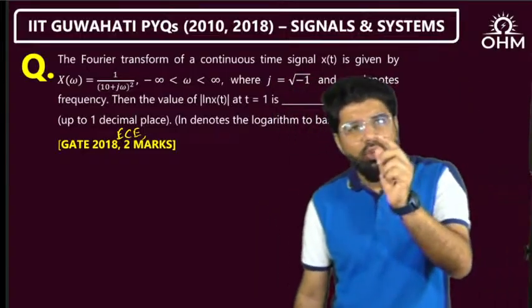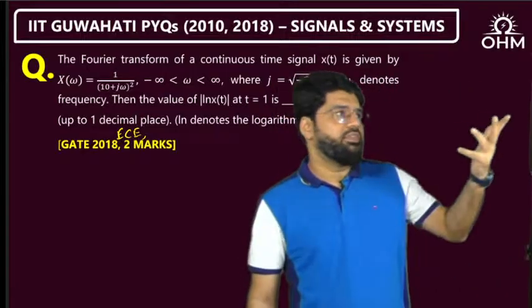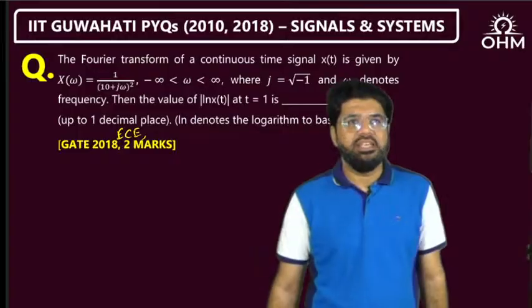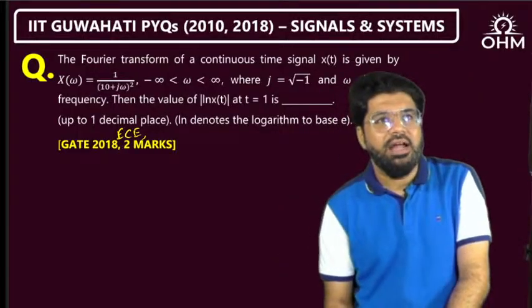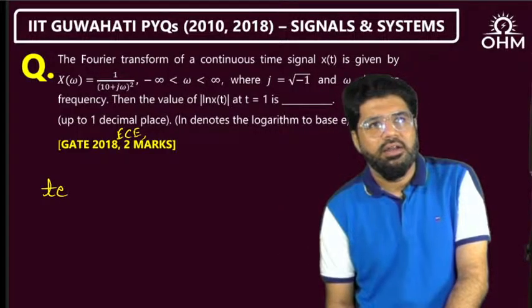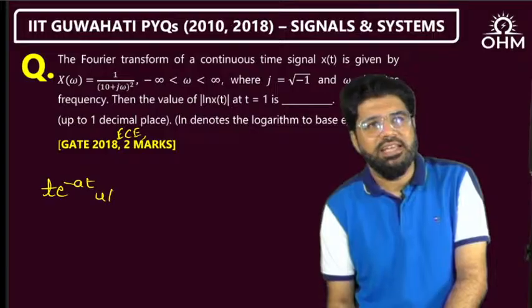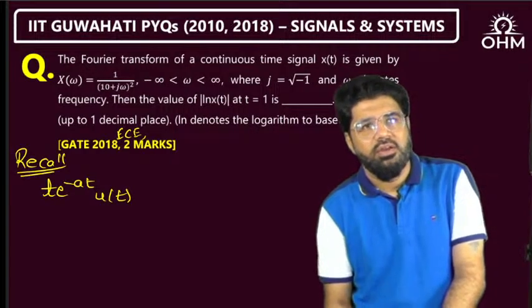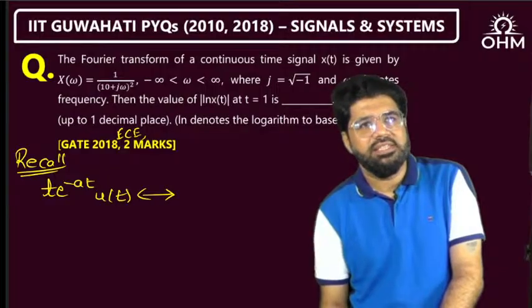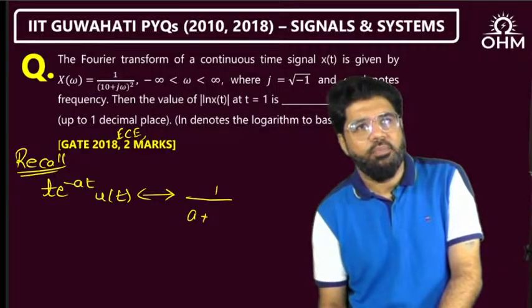You just have to recall one common formula, not a rare formula: 1 upon (a plus j omega) whole square. That is the formula for t e power minus a t u t. If you recall this, the problem is solved. The Fourier transform of t e power minus a t u t is 1 upon (a plus j omega) whole square.